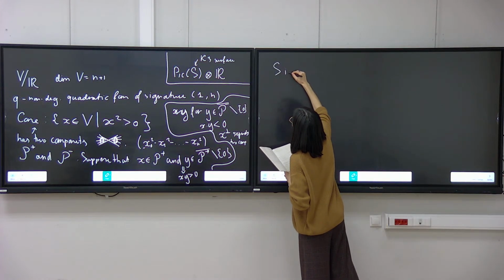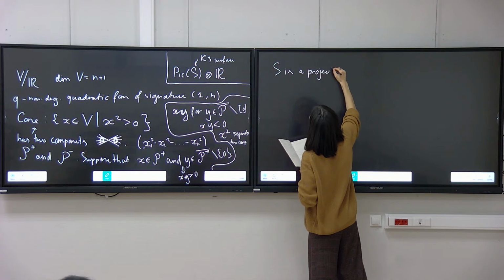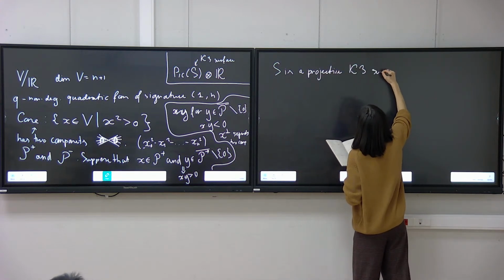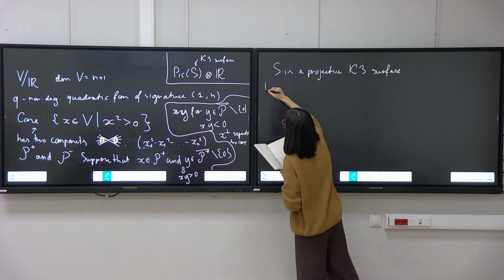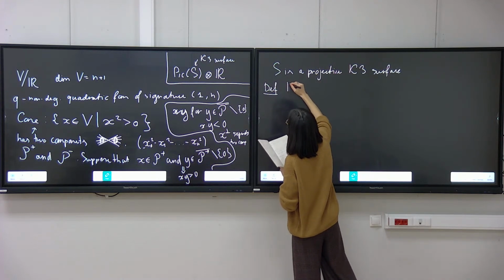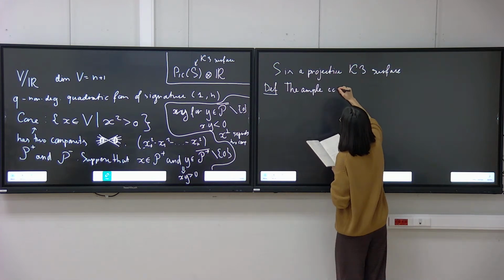So S is a projective K3 surface. Then we will define its ample cone.